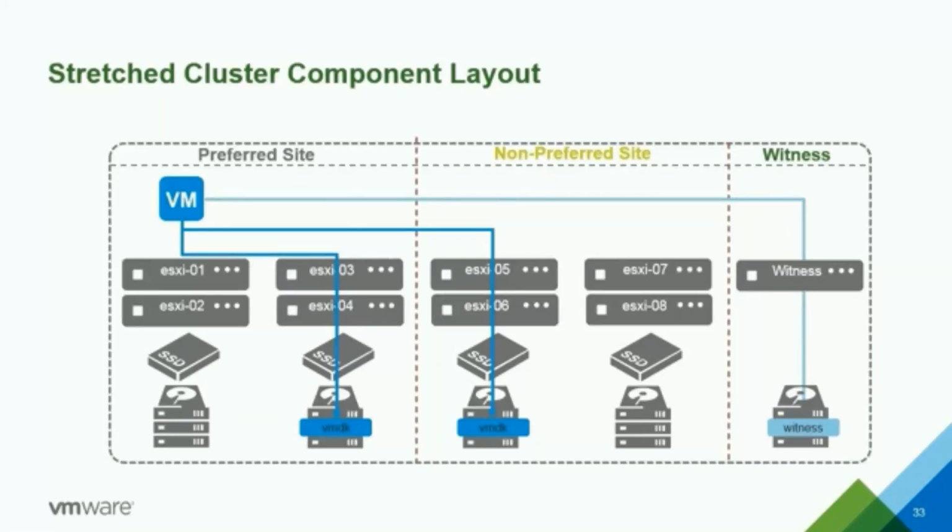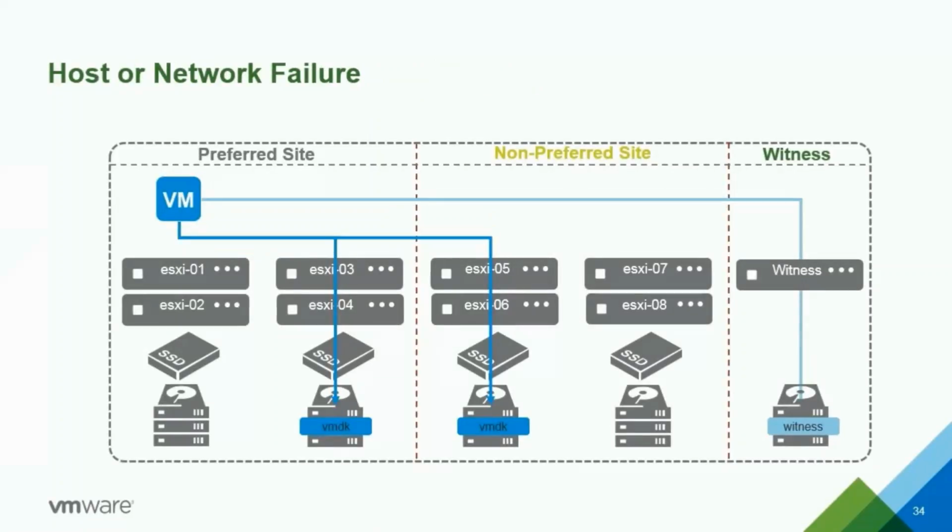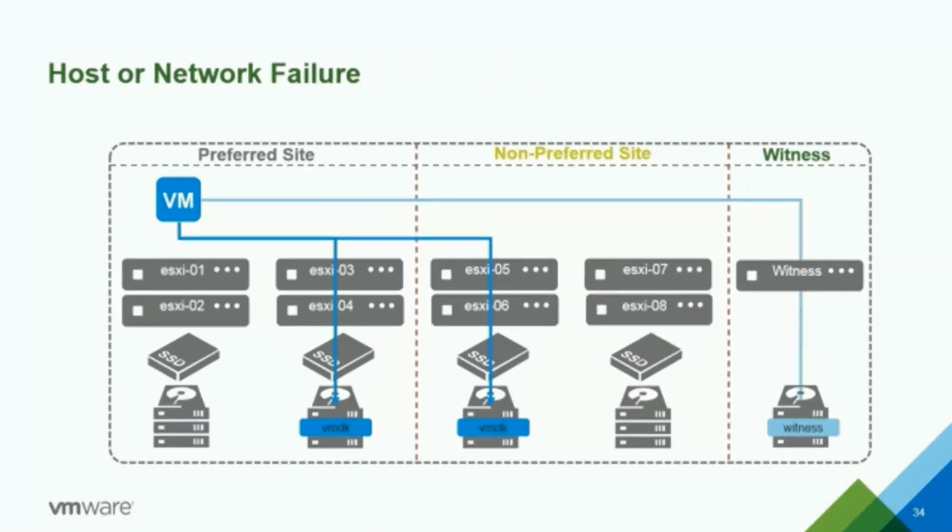This should look really familiar to what Jeff was talking about before when it came to how things are laid out from vSAN components in a fault domain scenario, looking at host or network failure. So we've got our same situation.